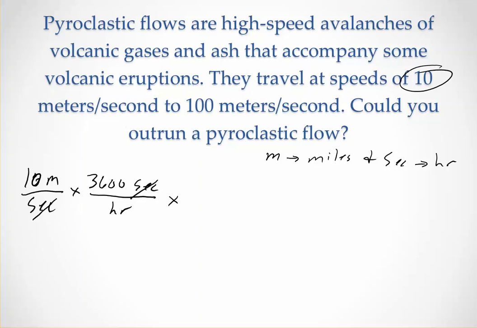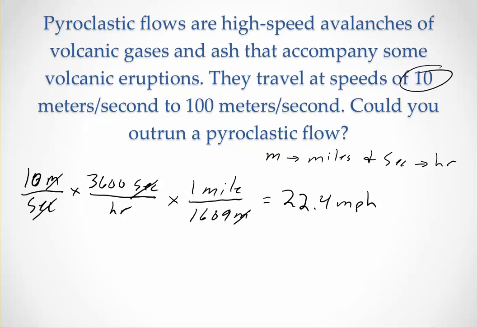And then we want to convert meters into miles. There is 1 mile per 1,609.4 meters. And we can cancel those out. And this gives us 22.4 miles per hour. I don't think you're going to be able to outrun it.